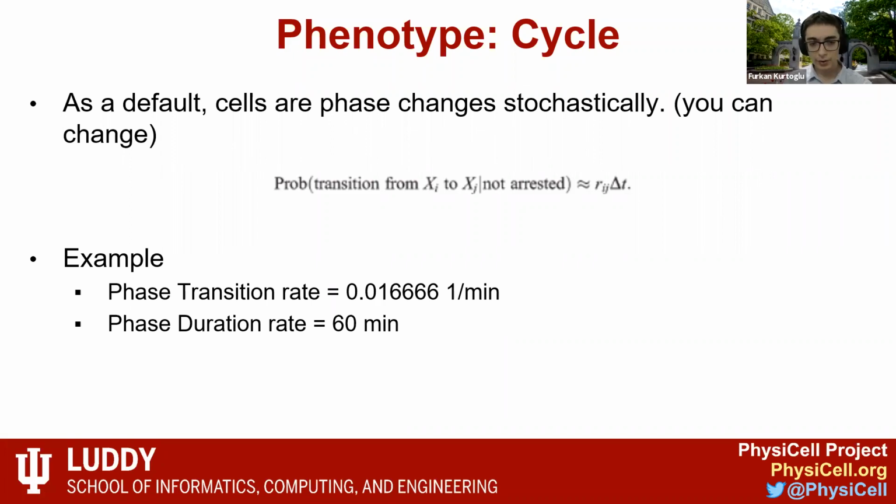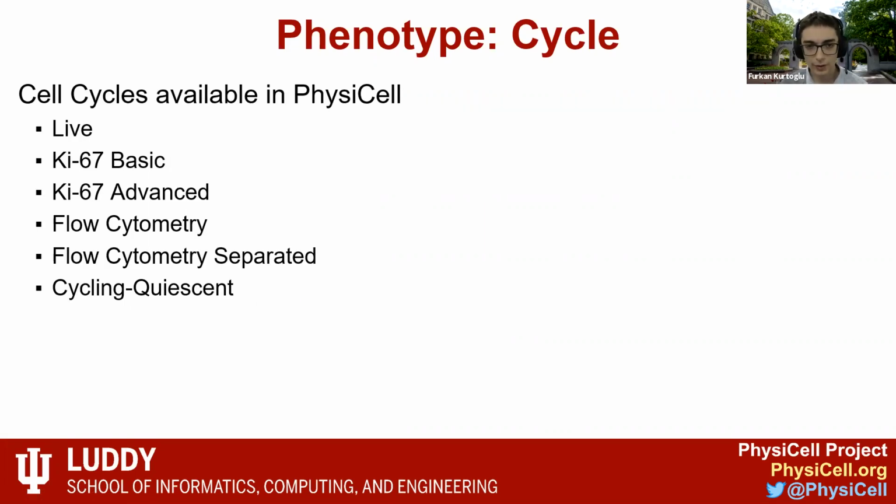When we say transition rate, it is actually in units of per minute. As an example, when we define the phase transition rate as 0.0166, it means that the phase duration is 60 minutes. This is occurring stochastically as a default in the simulation, but we can also use the fixed option to set this variable to the specific value.